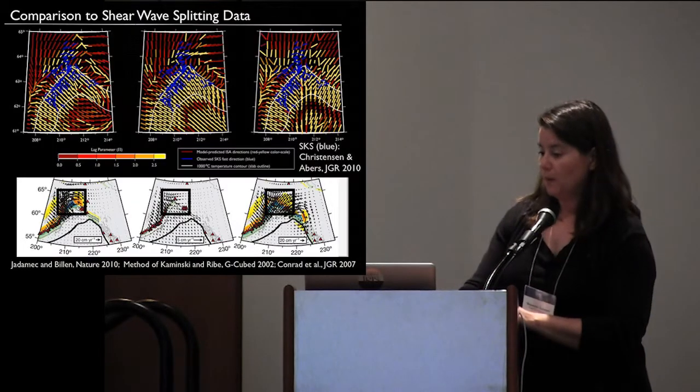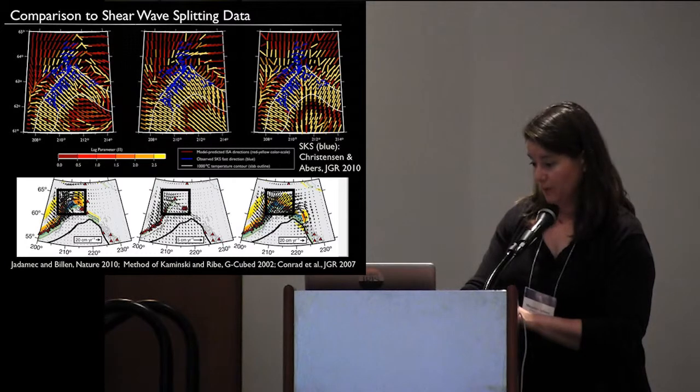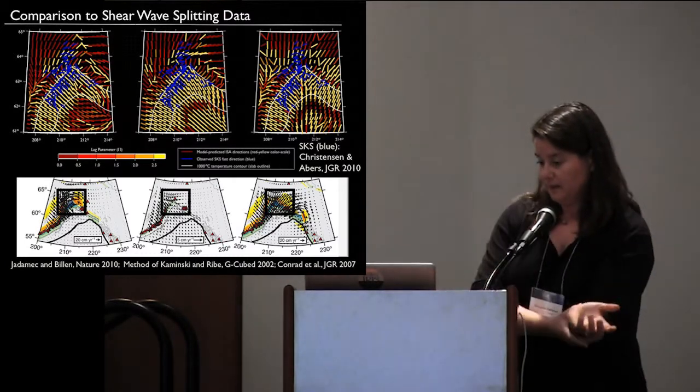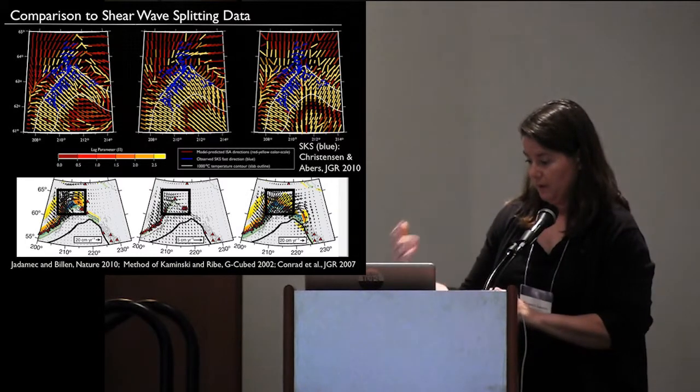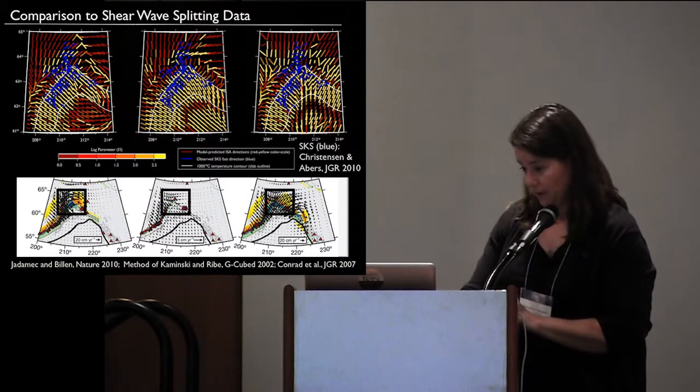One of the things that I used for this study: this box is a subset of my model domain. It extends on the order of almost 1,000 kilometers from here in that direction as well, and not quite that far to the north.